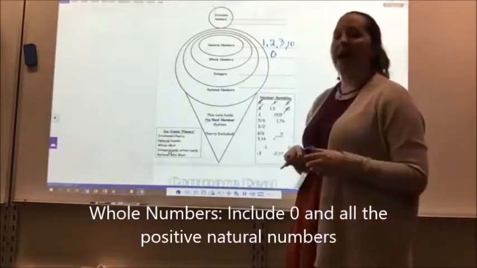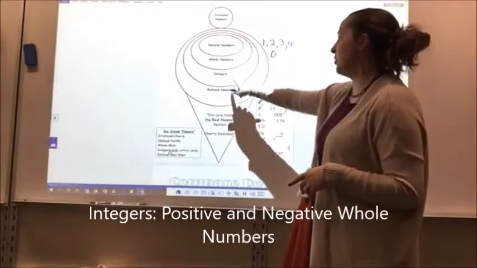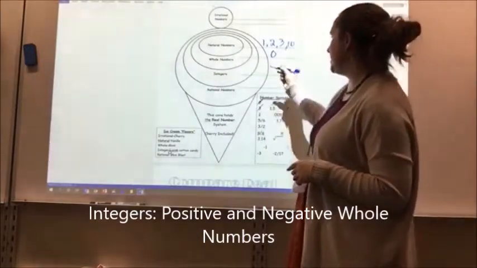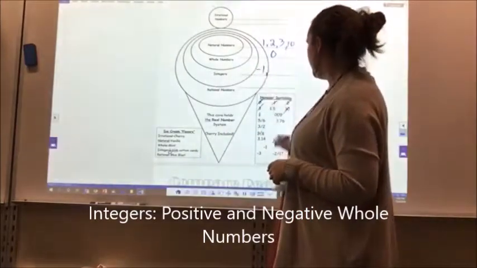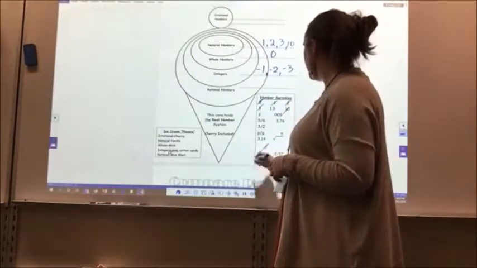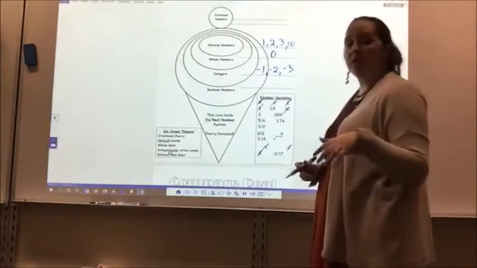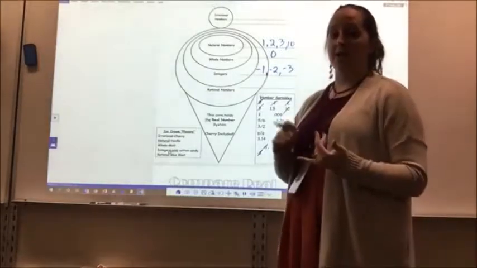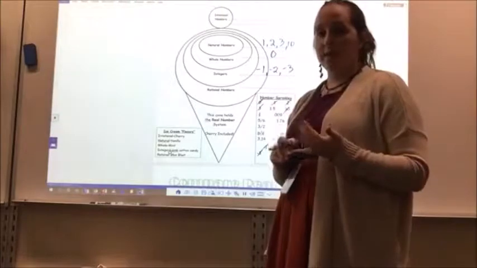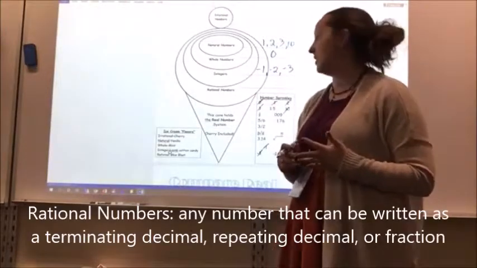Integers include positive and negative whole numbers. So they include whole numbers and natural numbers. Integers are also the negative whole numbers. So negative 1, negative 2, negative 3 would all be considered integers. Rational numbers are anything that I can write as a terminating decimal, a repeating decimal, or a fraction. Can be positive or negative.